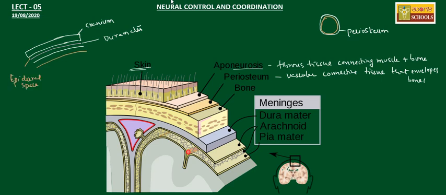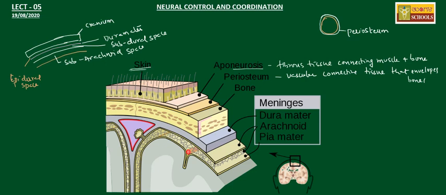And below that we have a subdural space. And below the arachnoid we have the subarachnoid space, of course, that is with the CSF, cerebrospinal fluid.